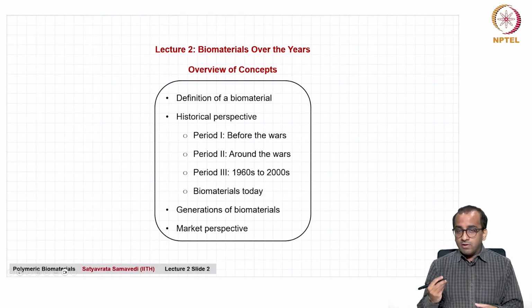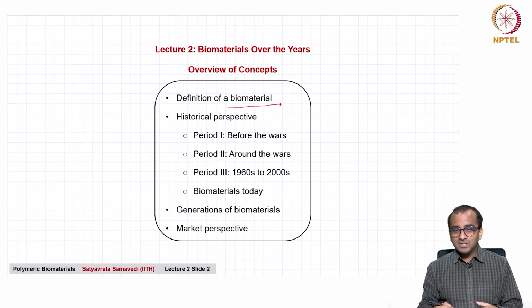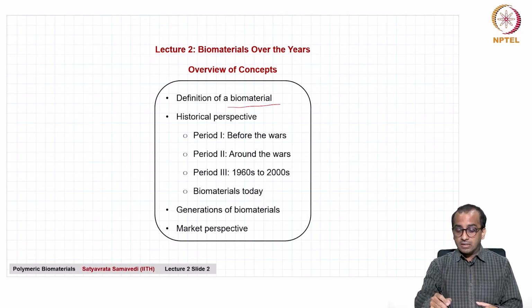And what we will do in today's lecture first is, the course is called Polymeric Biomaterials, and it will help us if we can dwell a little bit on that word biomaterial itself and try to understand what it means in today's context, and then look at historical perspective, more specifically looking at different periods in history broadly classified into 3 periods for different reasons.